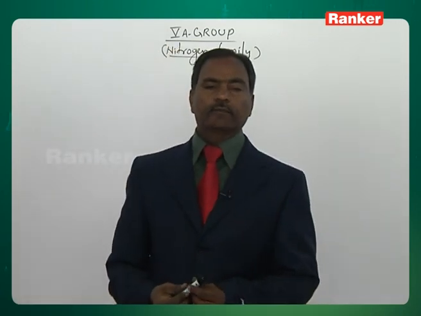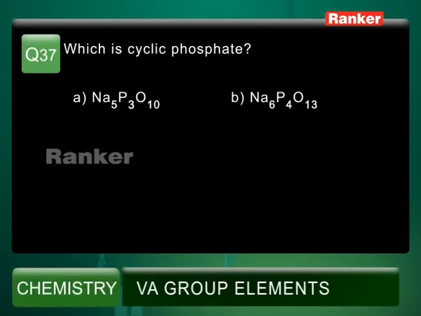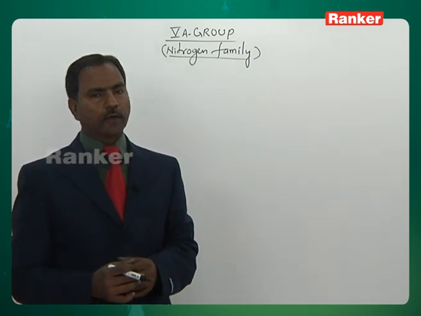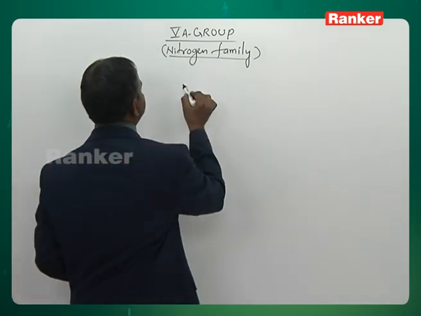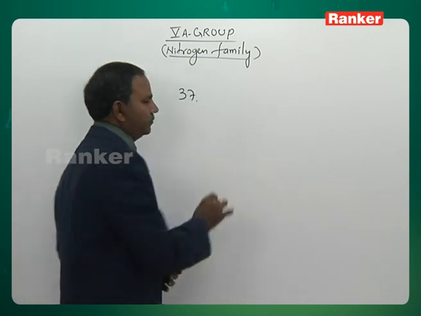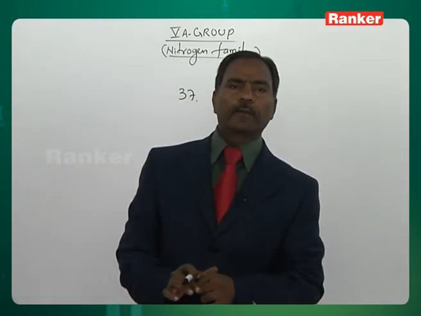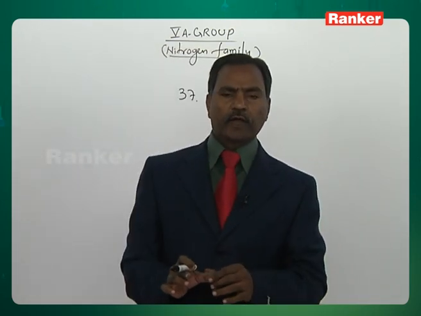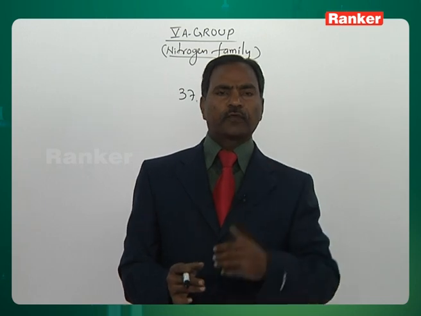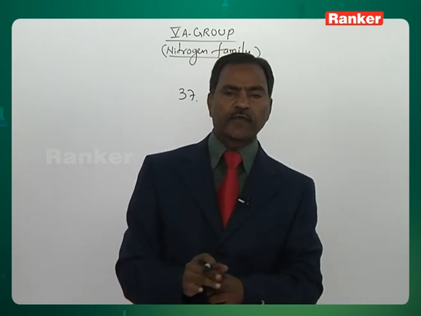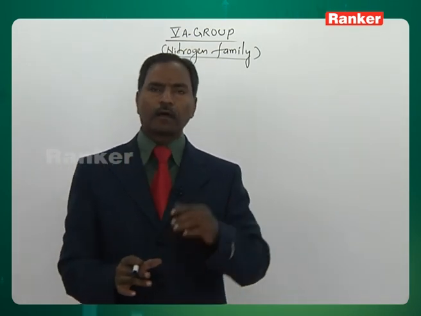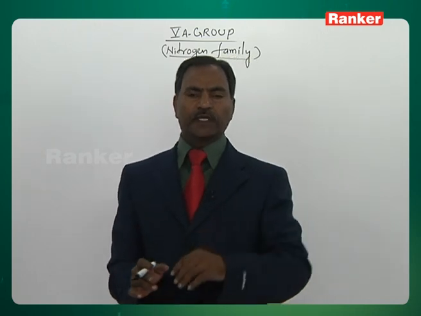Look here, next question number 37, which is cyclic phosphate. By looking at the chemical formula of a compound we cannot easily identify it, but we have to see the number of sodium atoms, phosphorus atoms and oxygen atoms given, and accordingly you can make out which compound is cyclic.